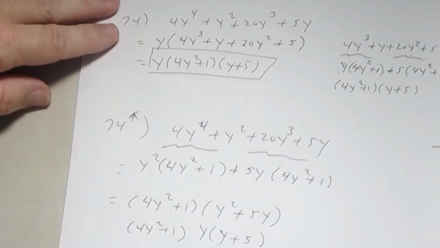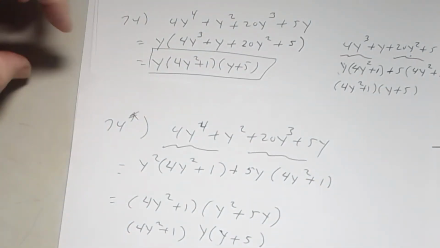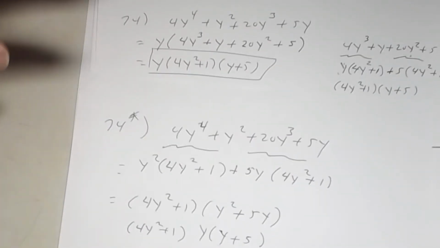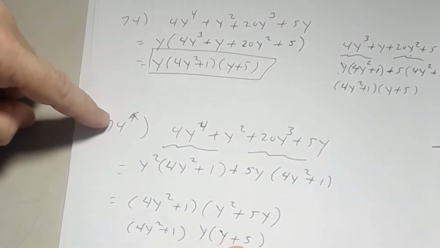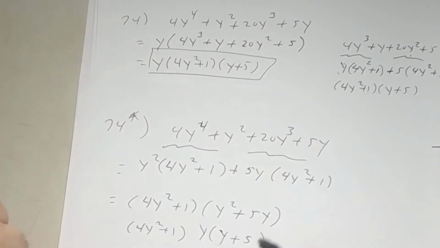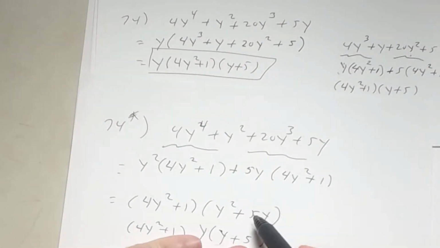I think so. Okay. So the purpose of this is if you forget to take out the GCF at the beginning, it's okay. Just make sure you take it out in one of the factors where it is at the end. Okay? Because some of you are not going to be very careful.